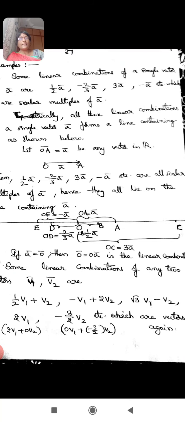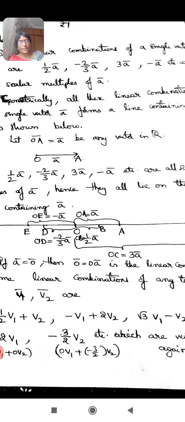Geometrically, all the linear combinations of a single vector a bar lie on the same line where that a bar is existing. So that we can see in this figure.